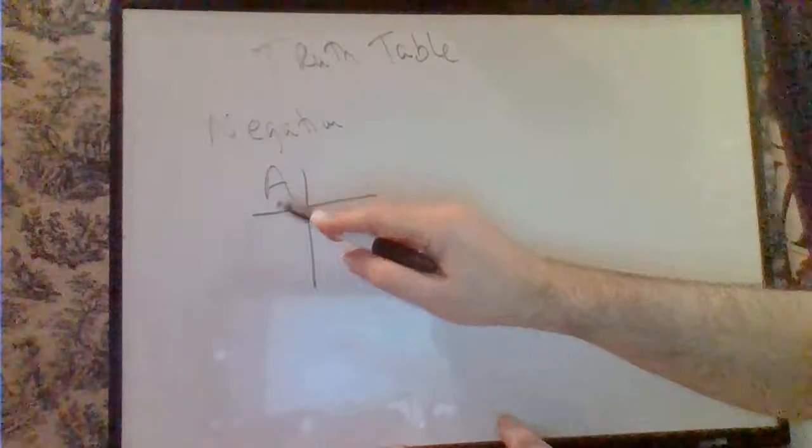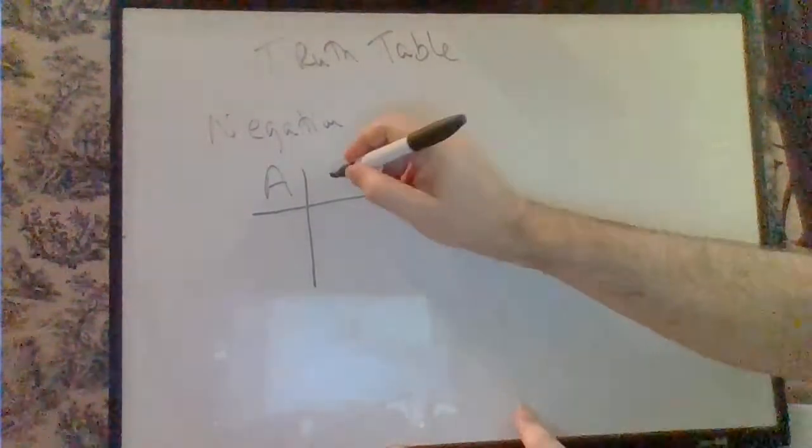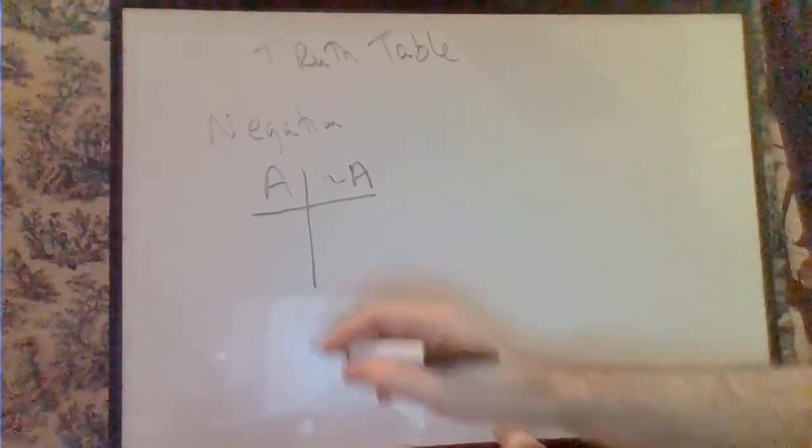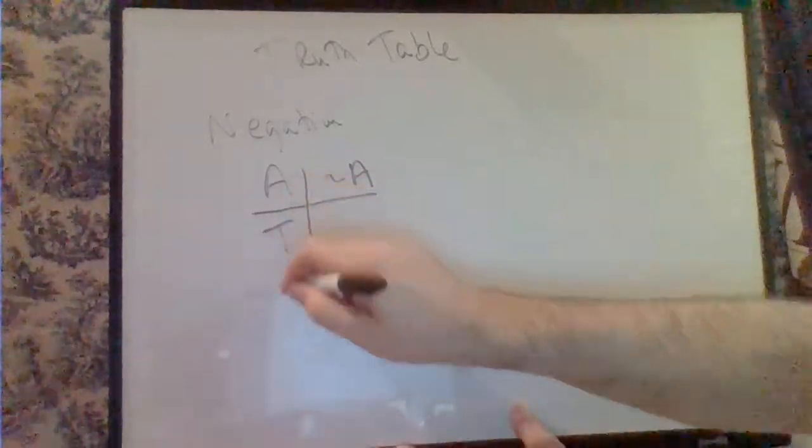I have A. A can generically stand for whatever simple sentence you want it to stand for. And so negation would be the tilde A. Now, with A, there's only 2 possibilities, right? Because we follow the principle of bivalence. Every statement is either true or it is false, right?